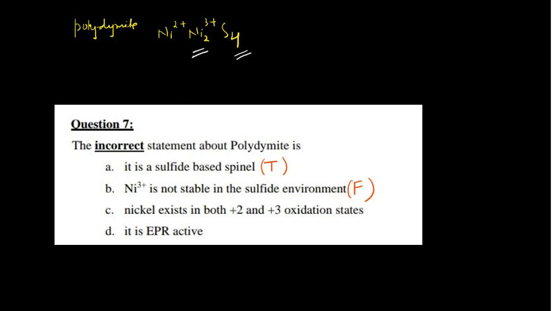Now if you want to move further, nickel exists in both +2 and +3. Yes, it is true. In polydymite, nickel 2 positive and nickel 3 positive are there. It is EPR active. Definitely it is EPR active.